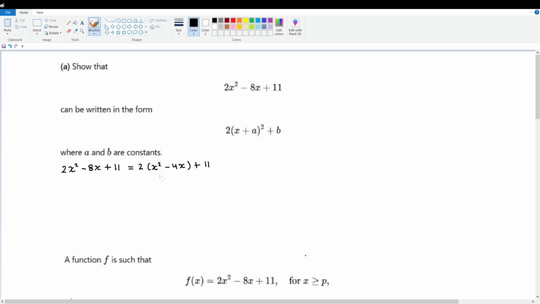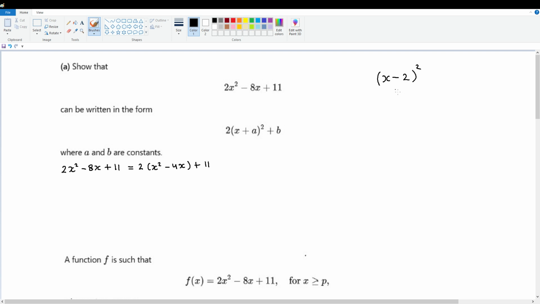Now, for the next step, you need to remember that in the form (x minus 2), the 2 comes from here: minus 4 divided by 2 is minus 2.